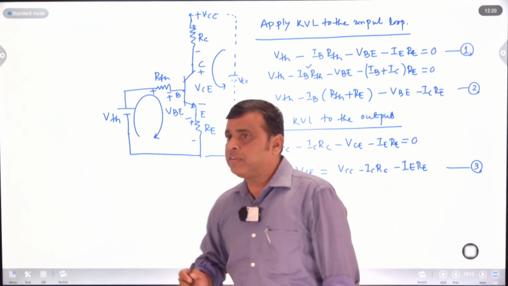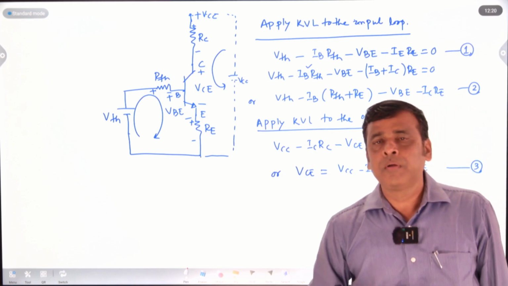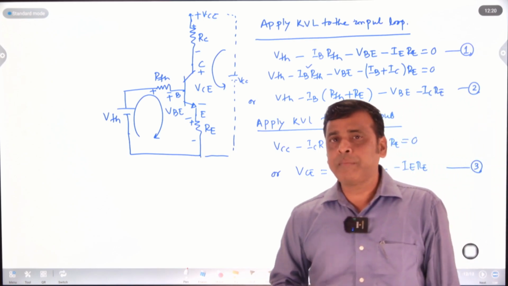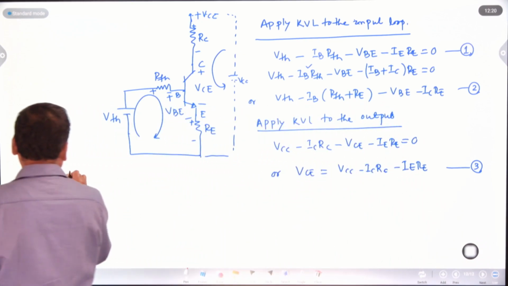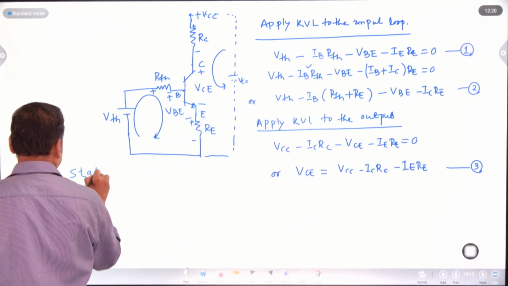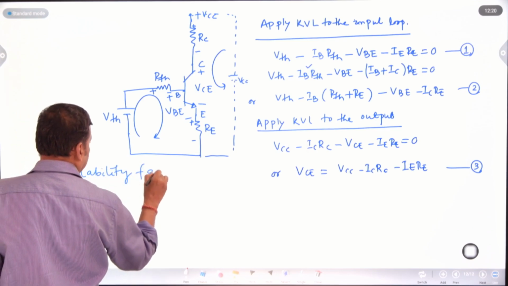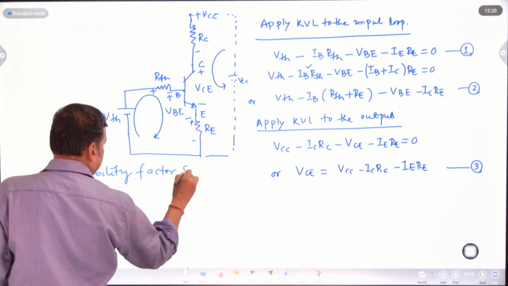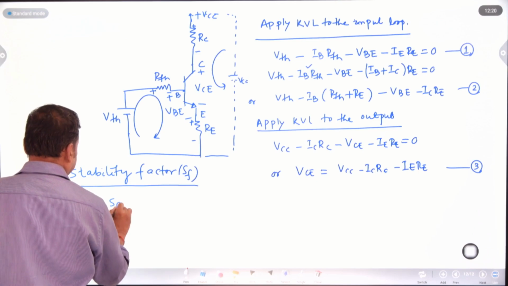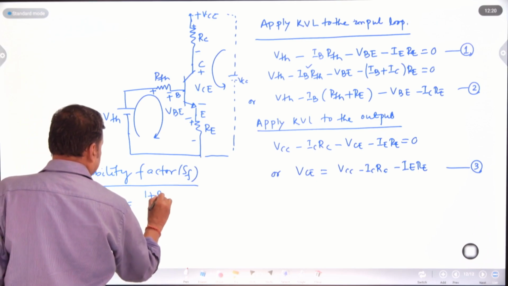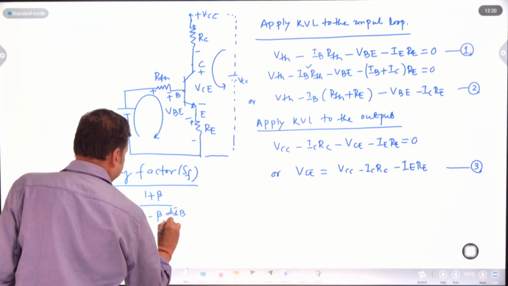Now the important point is to analyze whether this biasing scheme is suitable or not by means of the stability factor. As I already told you, the general expression for the stability factor is SF equal to 1 plus beta divided by 1 minus beta dIB by dIC.